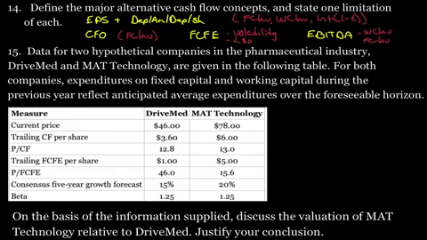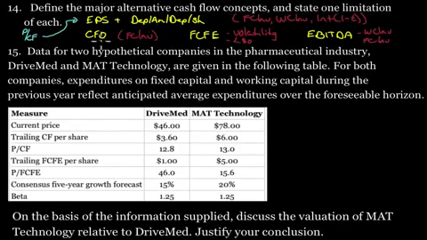14. Define the major alternative cash flow concepts and state one limitation of each. So we know if we're looking at price to CF, this is the definition for CF: earnings per share plus depreciation, amortization, or depletion per share. This ignores fixed capital investment, working capital investment, and any after-tax interest impact on cash flows.